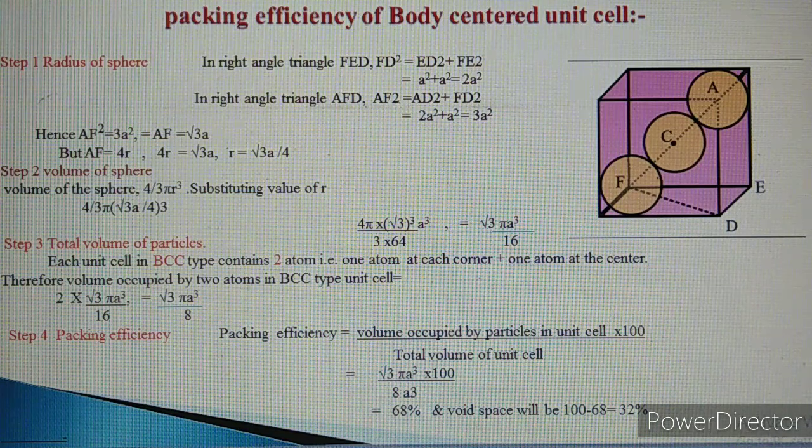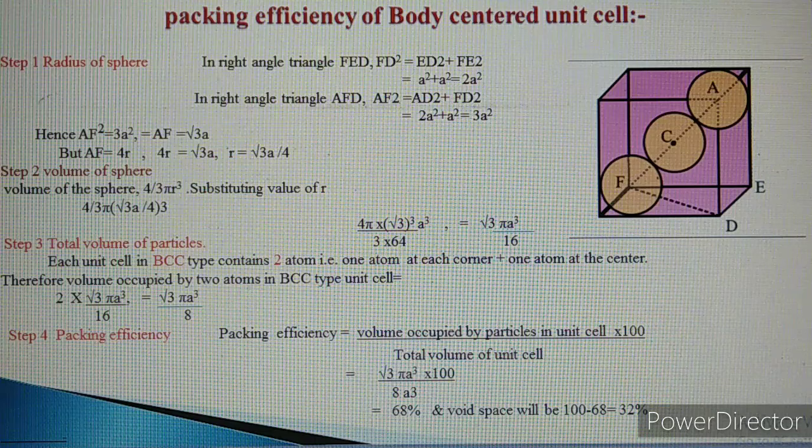From the figure, FED is a right angle triangle. Applying the Pythagoras theorem, FD square is equal to the sum of the squares of the sides, ED square plus EF square. May I repeat? In right angle triangle FED, FD square is equal to ED square plus FE square.